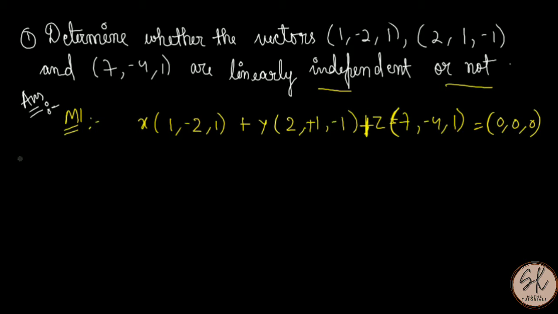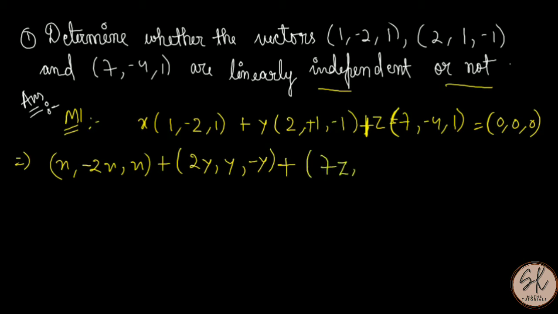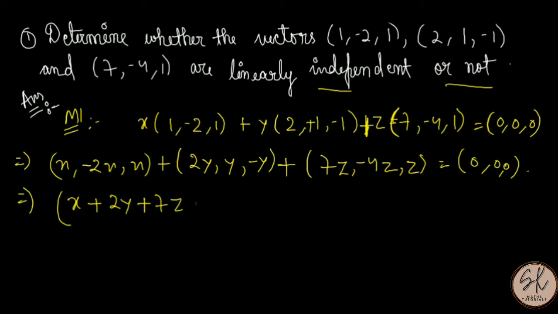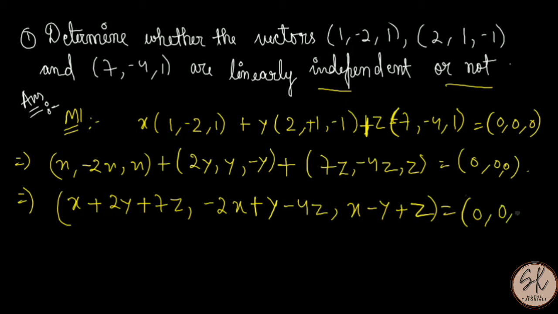Now this is equal to (x - 2x, x) plus (2y, y, -y) plus (7z, -4z, z) equals 0. Next we will add these, and after adding we will get (x + 2y + 7z, -2x + y - 4z, x - y + z) equal to (0, 0, 0).